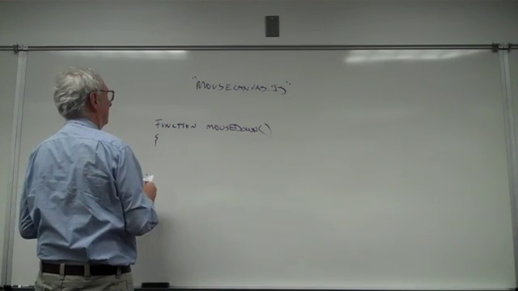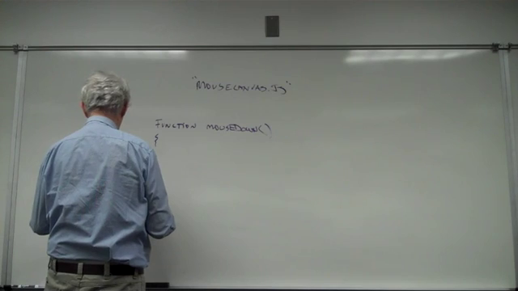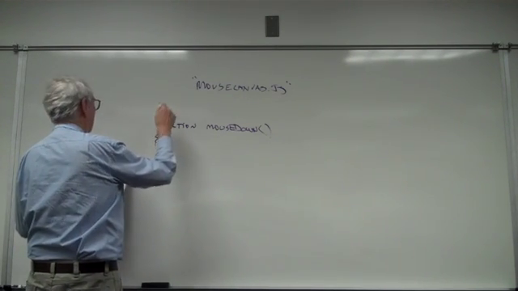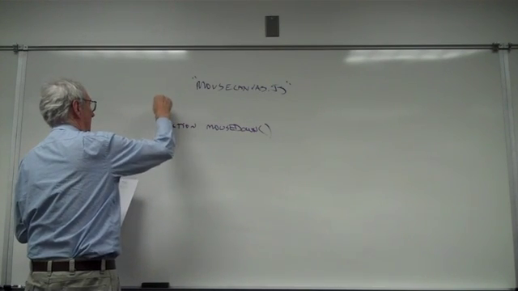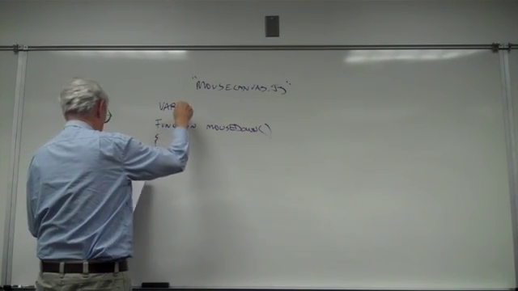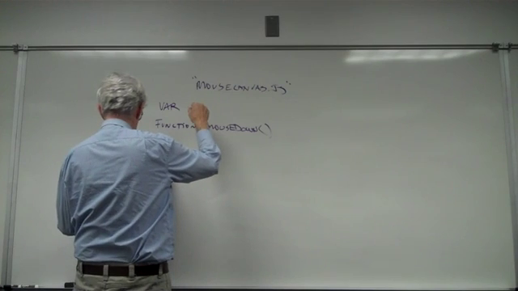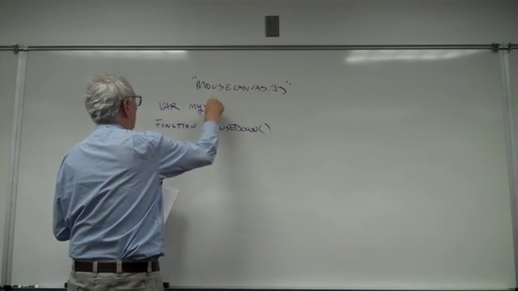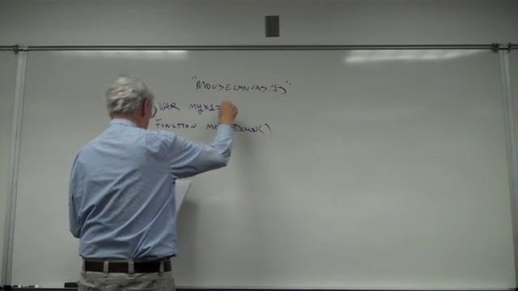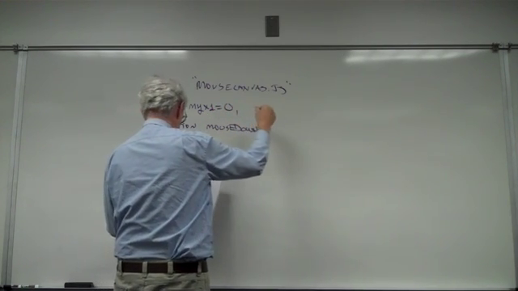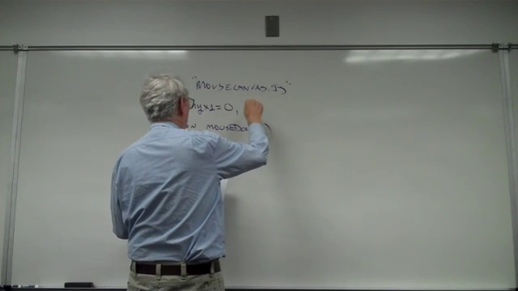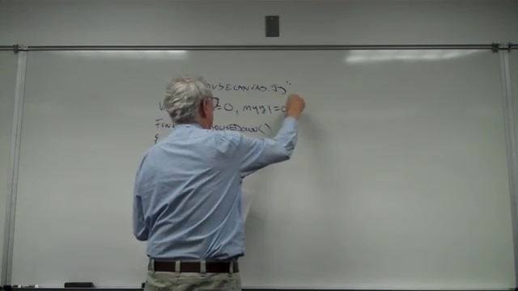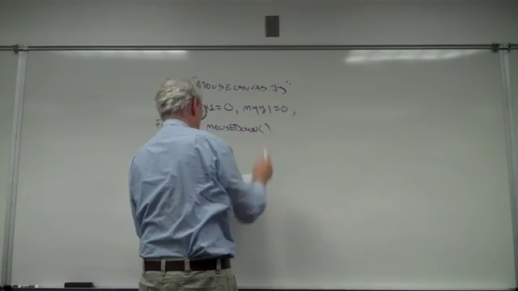In this particular program up here, I have some variables I want to keep. I'm going to put it right across the whole thing here. Variable, let's say it's my x1 equals 0, comma, my y1, comma.